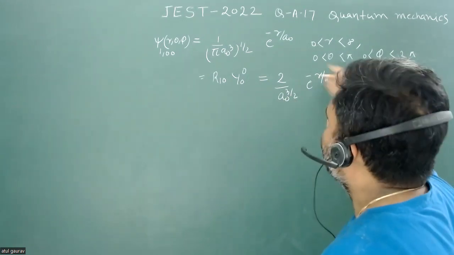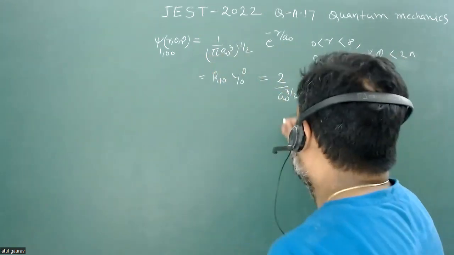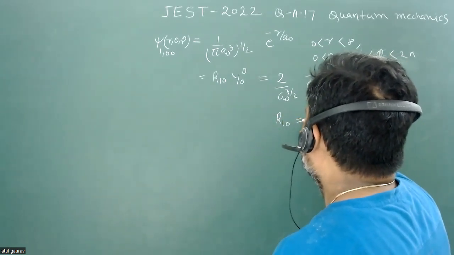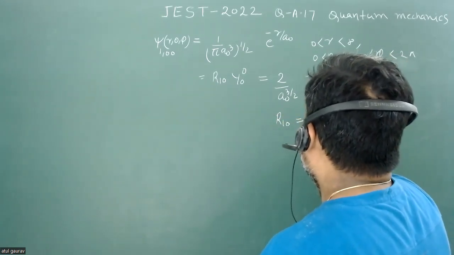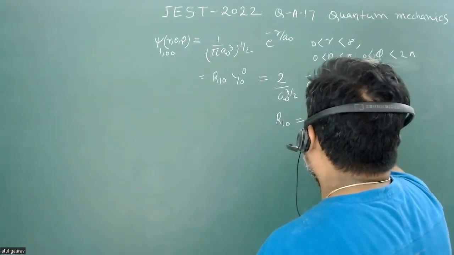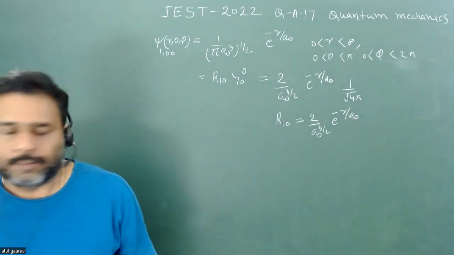If we combine these, we get this one. So the radial wave function R10 is 2 upon a0 to the 3 by 2 e to the power minus r by a0, and 2 by a0 to the 3 by 2 is the normalization constant.